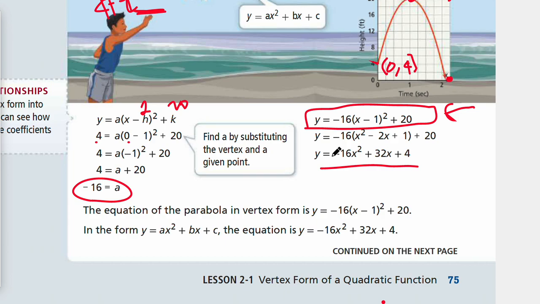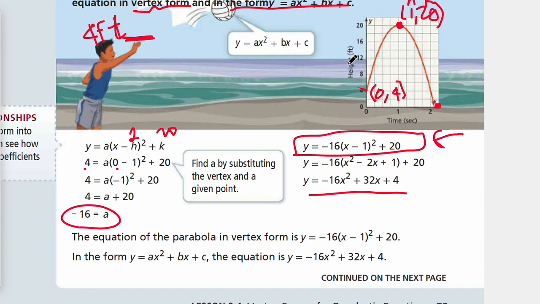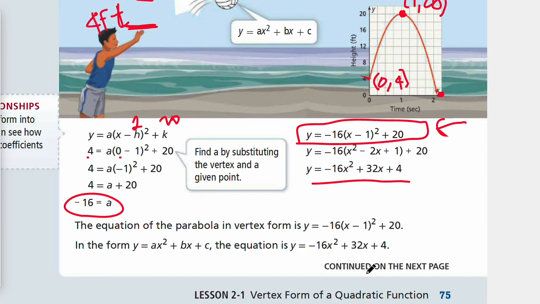And in the form y equals ax squared plus bx plus c, which is called the standard form, this equation would be negative 16x squared plus 32x plus 4. After you write the equation, you can simply distribute your factors and write it in this form.